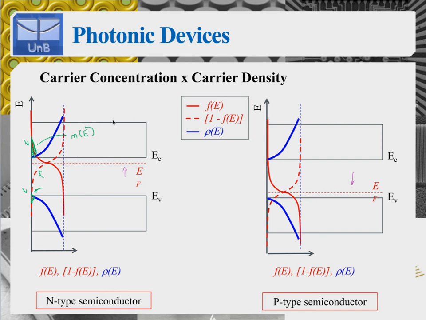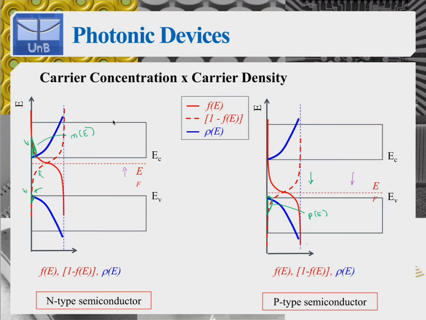Now if we talk about the p-type semiconductor and we multiply the density of states in the valence band by the probability of occupation for holes, which we see is displaced down as we've said, you get a carrier density P of E, which is large. So P of E is large here as it should be.